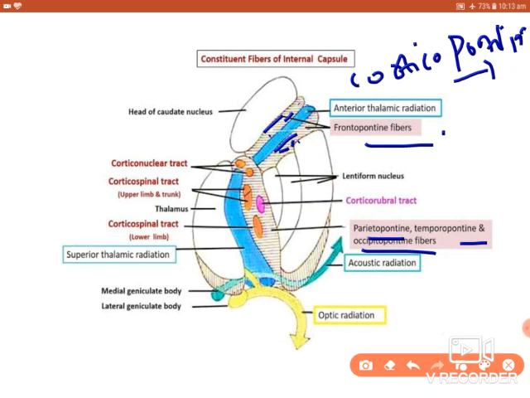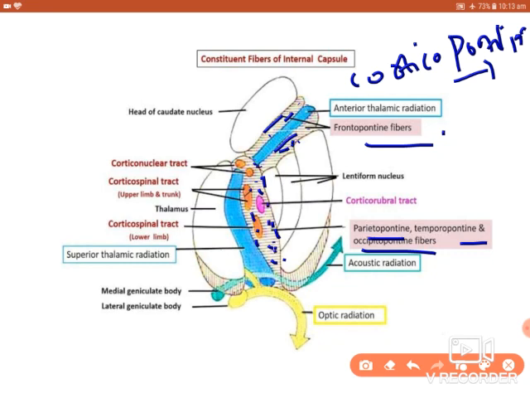Then the genu does not have them. Then in this posterior limb, you can see there are also frontopontine fibers.